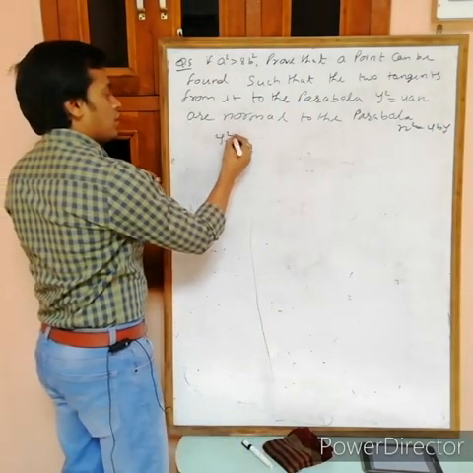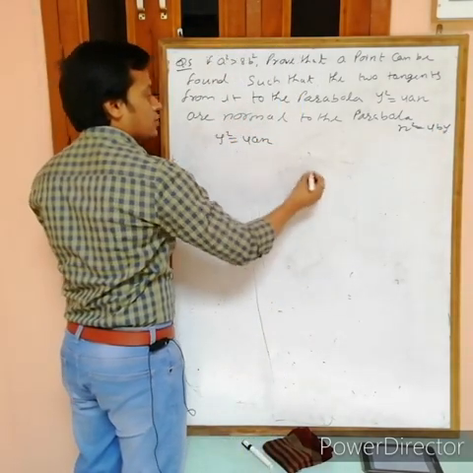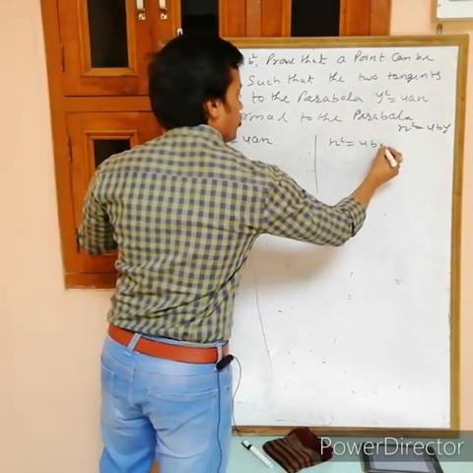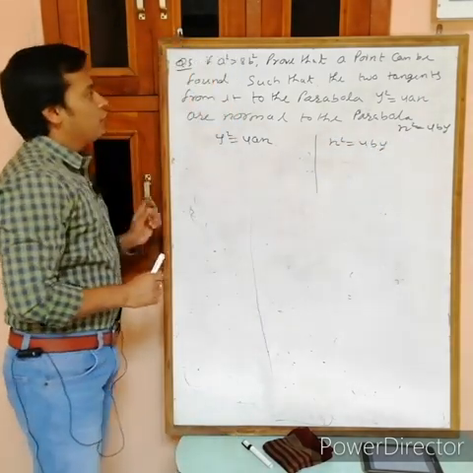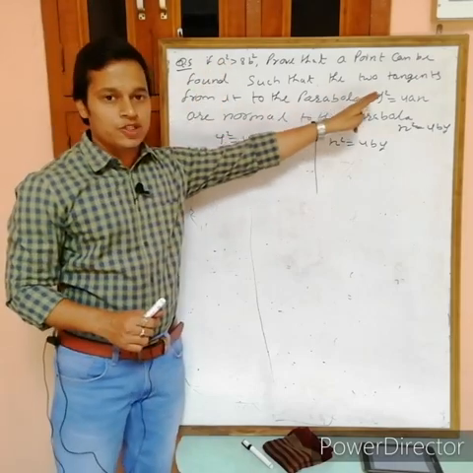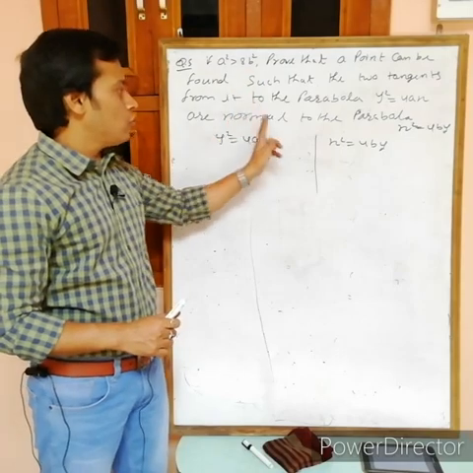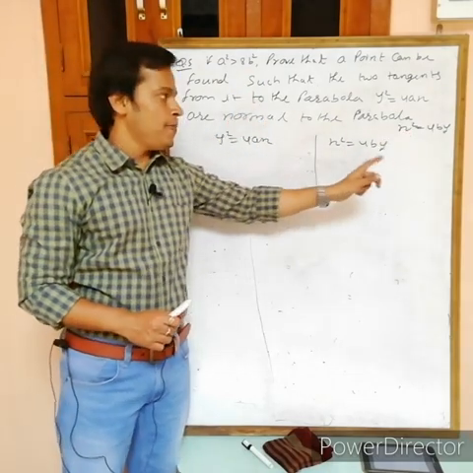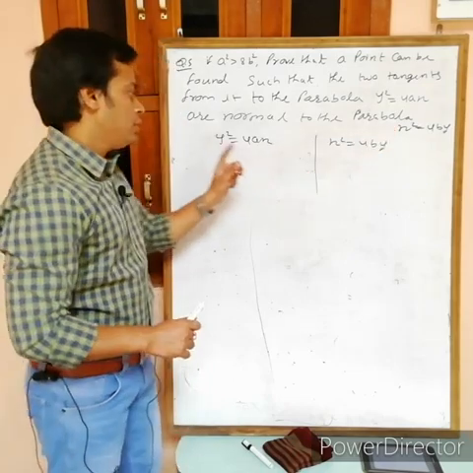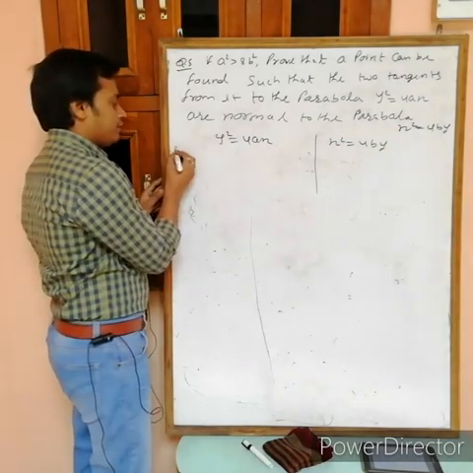So y square equals 4ax, and here we have x square equals 4by, and we have to prove that this is the condition such that two tangents of this parabola become normal to this parabola. So tangent of this parabola and normal of this parabola. Okay, equation of tangent.